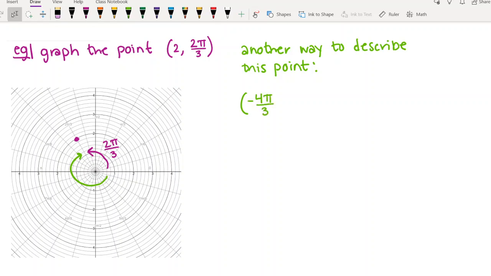And sorry, I wrote this in the wrong order. I always want to put the angle first, but it's the radius first. So that would be another way to describe this point.